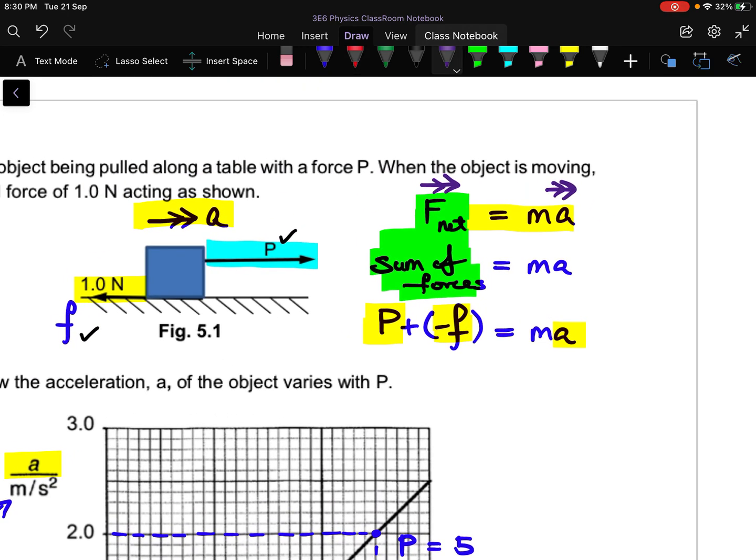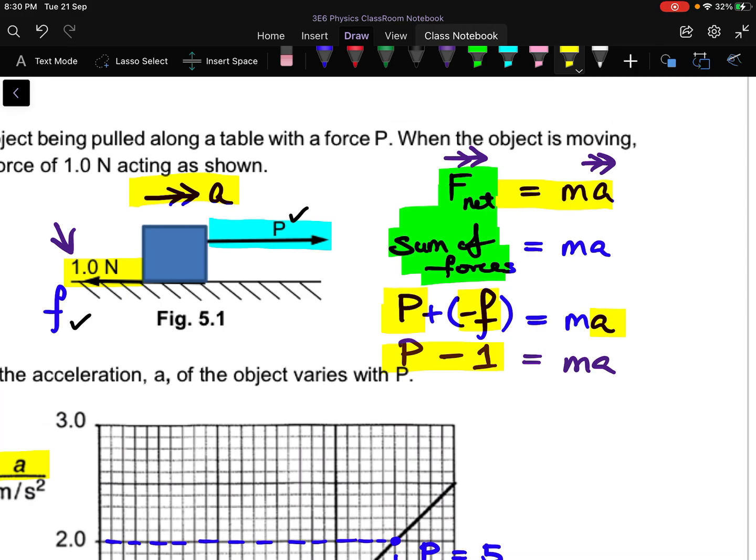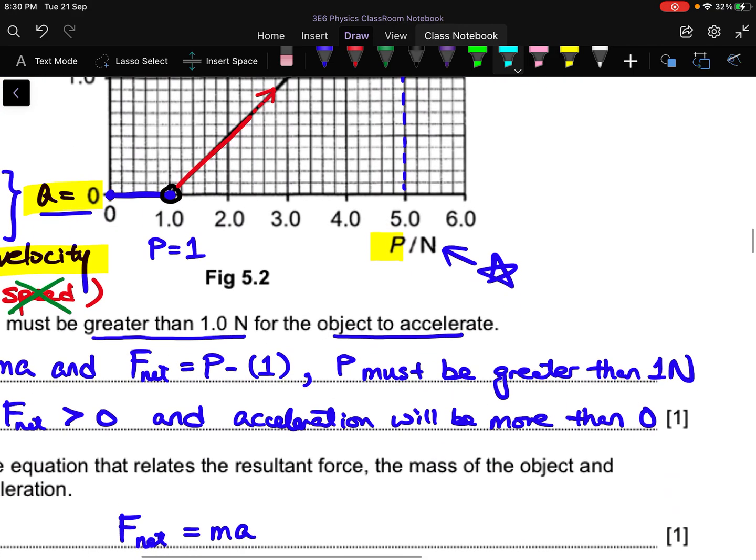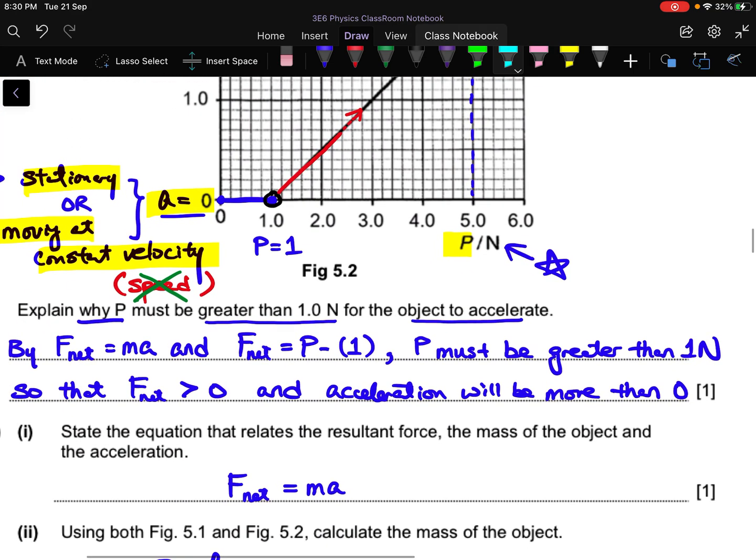Because down here you can see that your frictional force is 1. So if you complete this, it will be like that. If P is 1, what you will get is 0 in this green term, right? So P must be bigger than 1 in order for P minus 1 to be a number that's bigger than 0. So you just need to explain that.